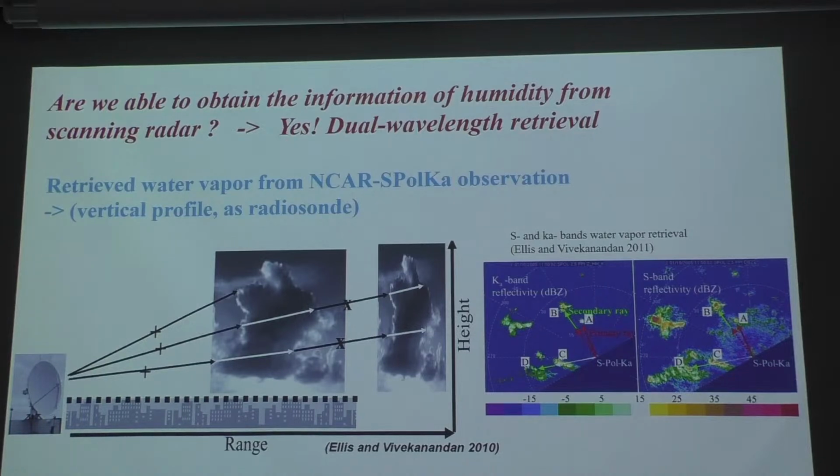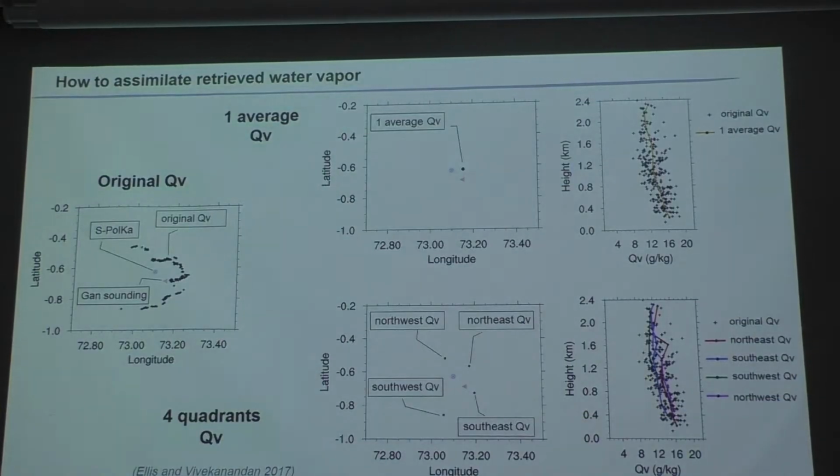As Professor Wei-Yu just mentioned about the dual wavelength retrieval, back in 2011, they used the S-band and the Ka band to retrieve the water vapor information nearby the precipitation, nearby the storm environment. Okay. So we try to apply these ideas into our data assimilation system.